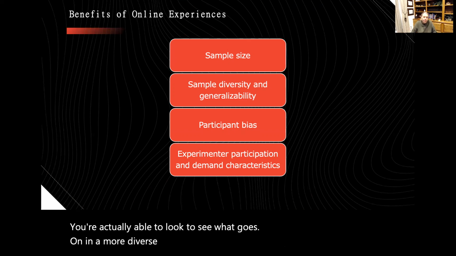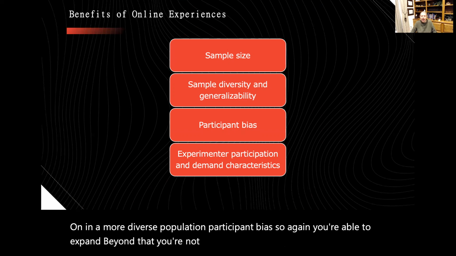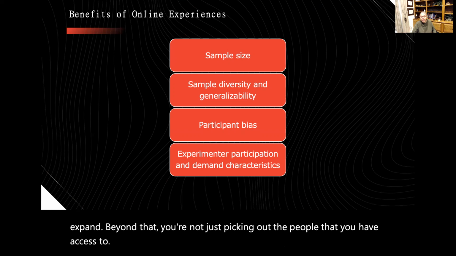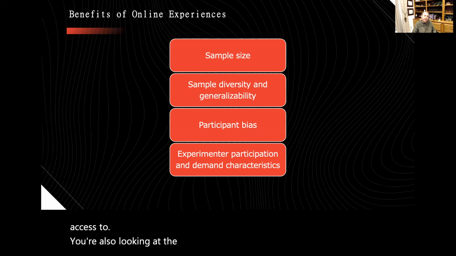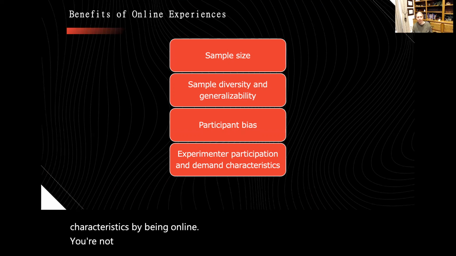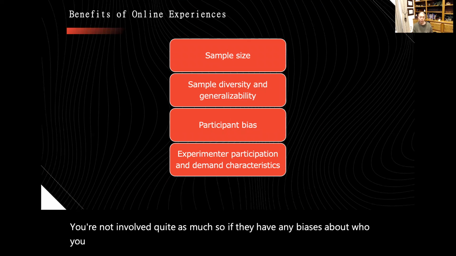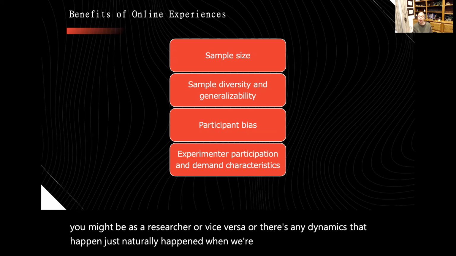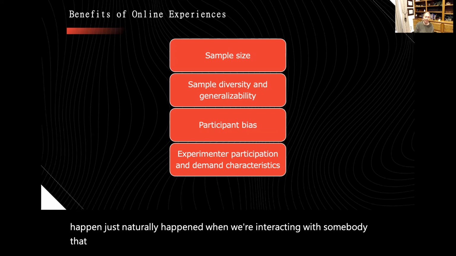Participant bias. So again, you're able to expand beyond that. You're not just picking out the people that you have access to. You're also looking at the experimenter participation and demand characteristics. By being online, you're not involved quite as much. So if they have any biases about who you might be as a researcher, or vice versa, or there are any dynamics that just naturally happen when we're interacting with somebody, that can often be eliminated in an online environment.